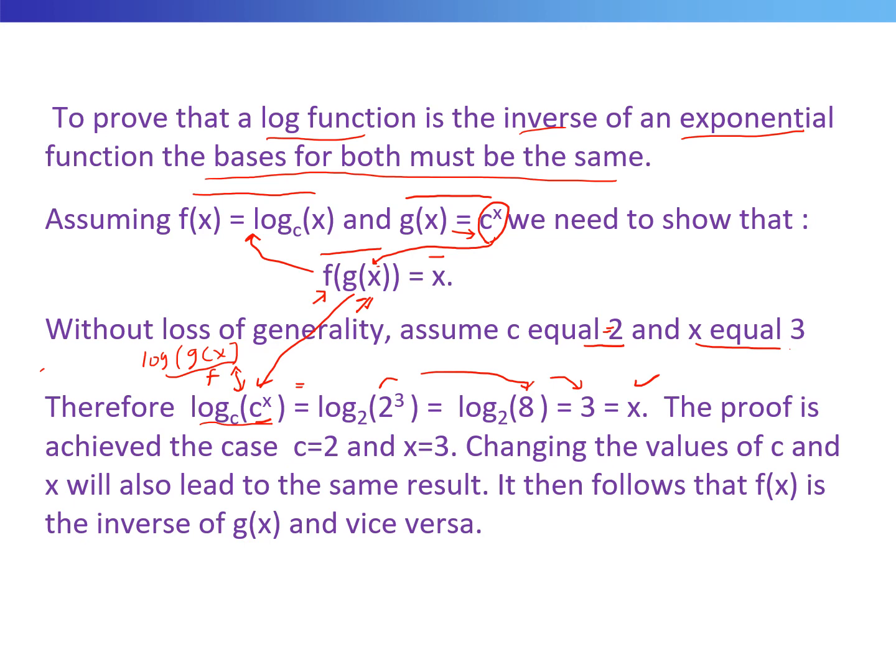So that is the inverse of this function. The proof is achieved for case c equal to 2 and x equal to 3. Changing the values of c and x will lead to the same conclusion, the same result. It then follows that f of x is indeed the inverse of g of x and vice versa.